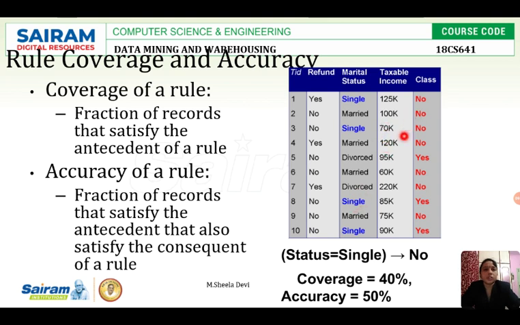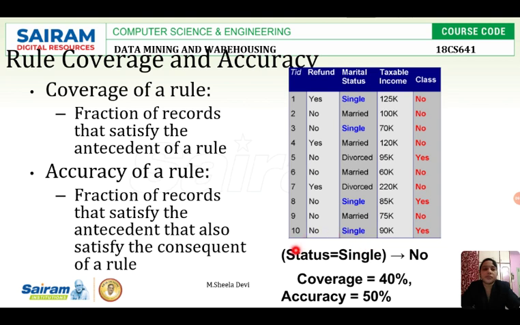Here, status single is yes in 4 records out of 10. So, the fraction of records that satisfies the antecedent.